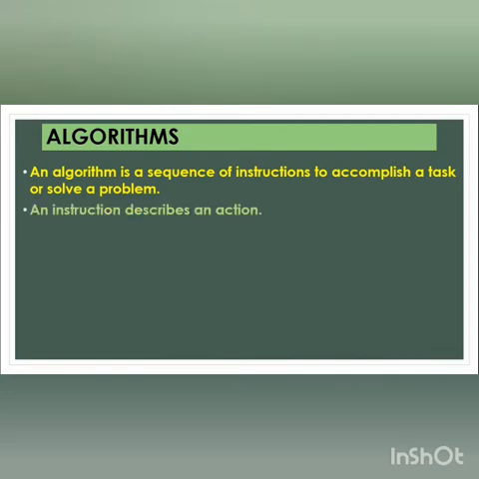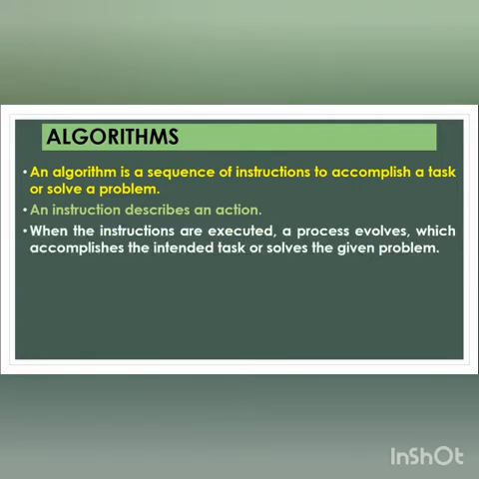An instruction describes an action. So, when the instructions are executed, a process evolves. That is, your process is started which accomplishes your intended task, or it solves the given problem. So, an algorithm is a step-by-step procedure to complete a task or to solve a problem.